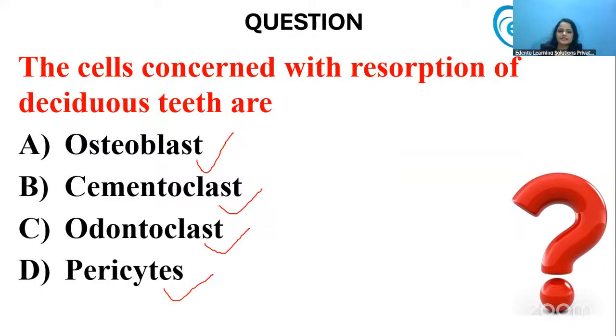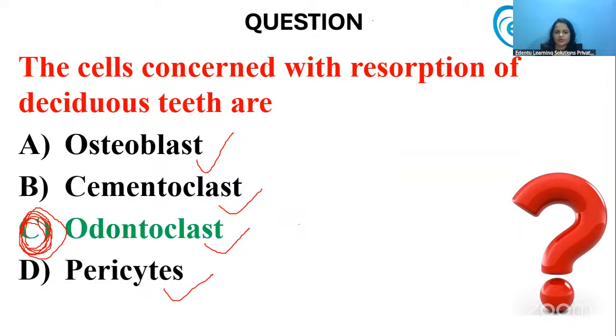Since the question asks about the cells concerned with the resorption of the whole deciduous teeth, it is more appropriate to choose option C, odontoclast. So this is one way by which you can arrive at the answers, by eliminating the other options and choosing the correct option. Yes, Dr. Abhinay, the correct answer is option C, odontoclast.